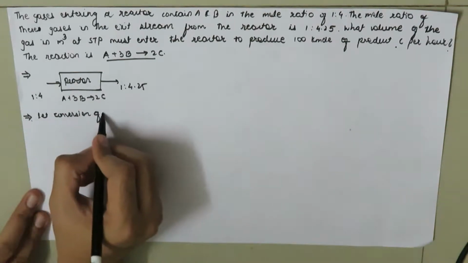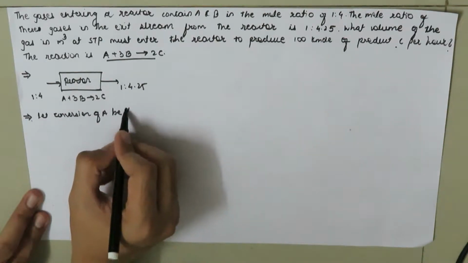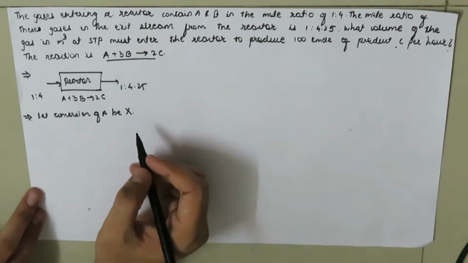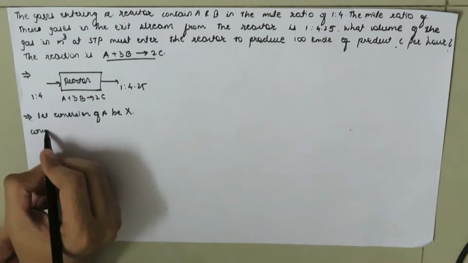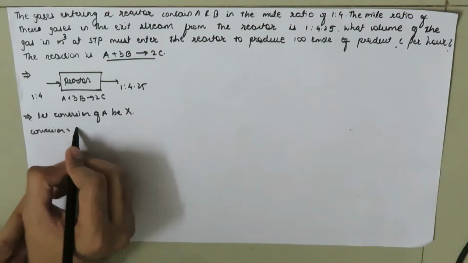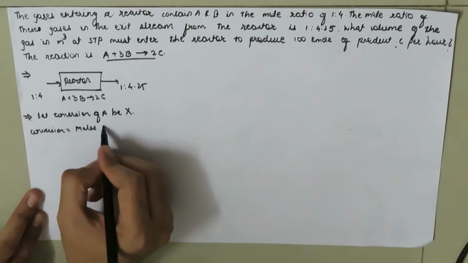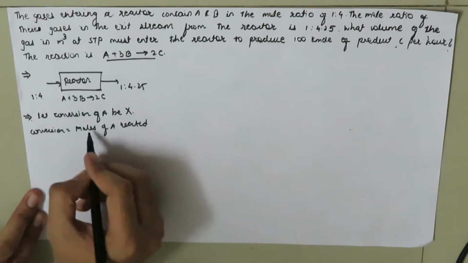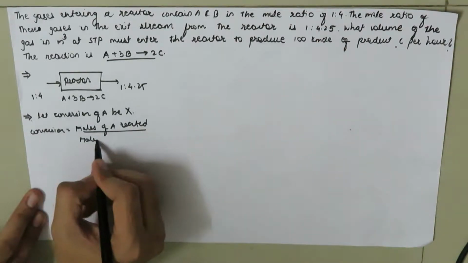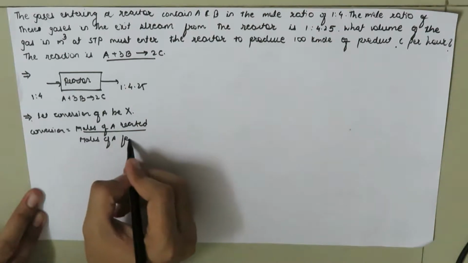let the conversion of A be X, and by the definition of conversion we know that conversion is equal to moles of A reacted divided by moles of A fed.